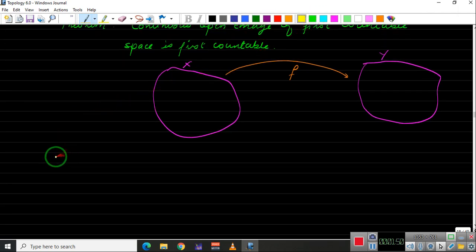Proof. Let X and Y be two topological spaces which are first countable.